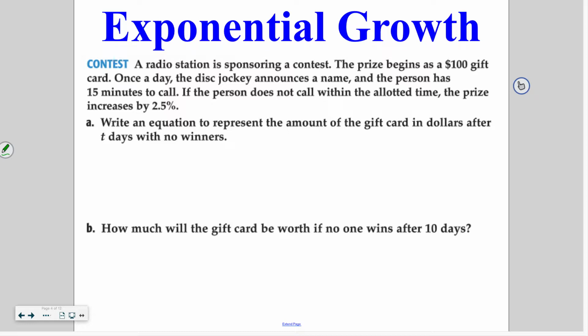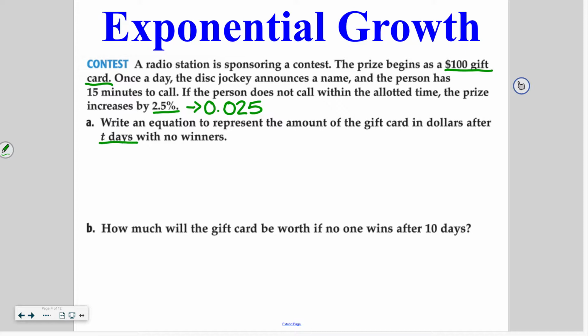days with no winners. So looking back at our information that they give us, we are starting with a $100 gift card. So that's going to be our A value. Then it also says it increases by 2.5%. We want to turn that into a decimal for our purposes, so moving the decimal places 2 to the right, I get 0.025.